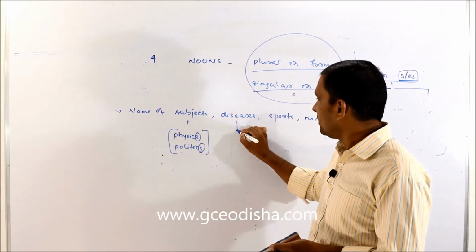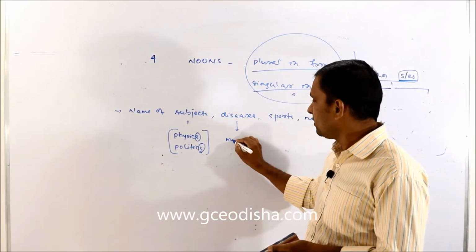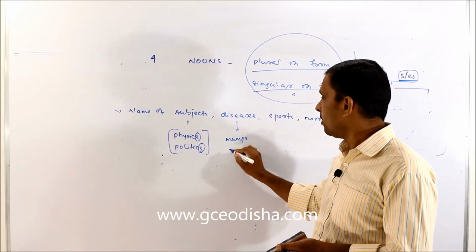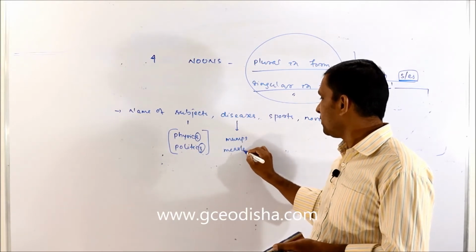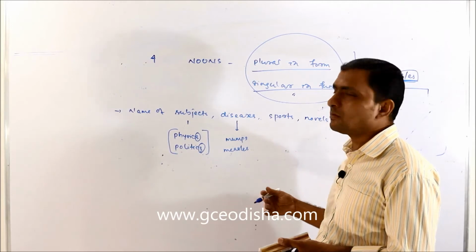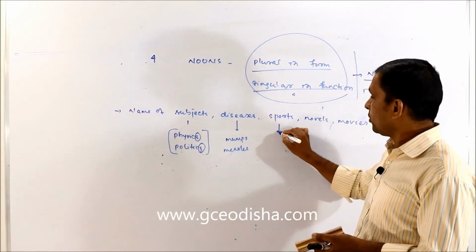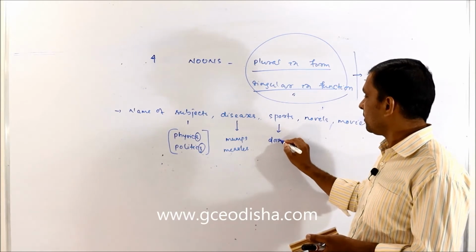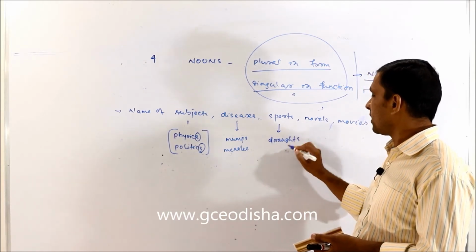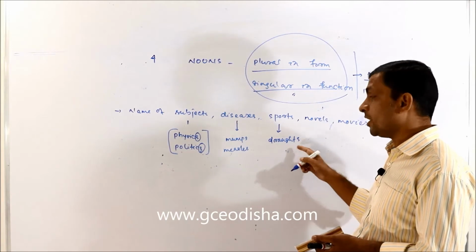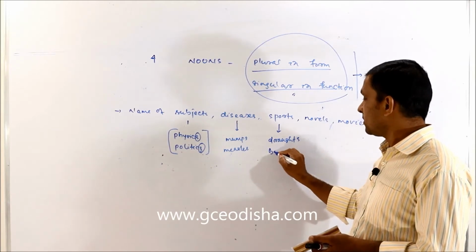Now come to diseases. We can say diseases like mumps, measles, AIDS, diabetes, etc. Sports: here the name of some sports, like draughts, then billiards.